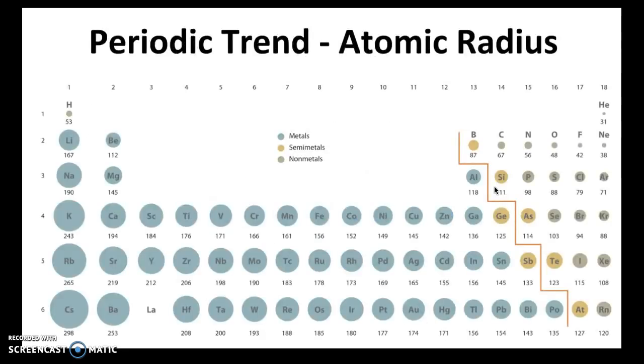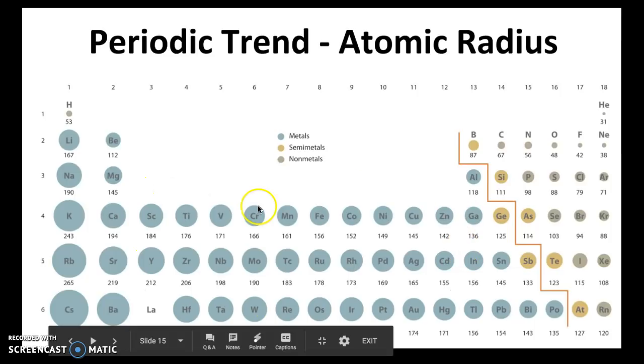Let's take a look at a periodic table that sort of shows that. Here we have a periodic table that's showing the relative atomic radii of atoms. All of these circles are representing different sized atoms. Now, before we go into looking at trends, you'll notice in the middle here, there isn't much change happening.